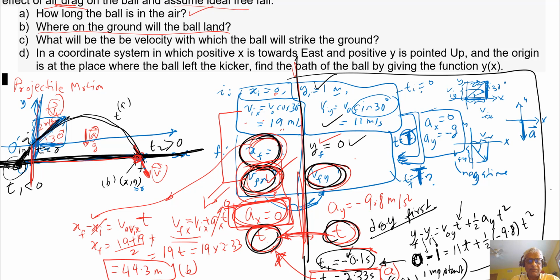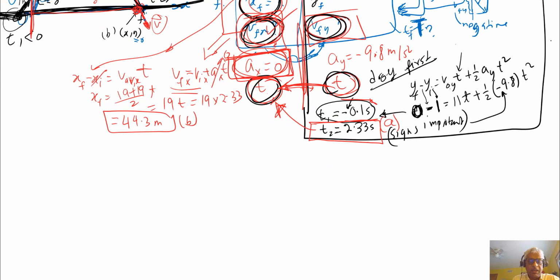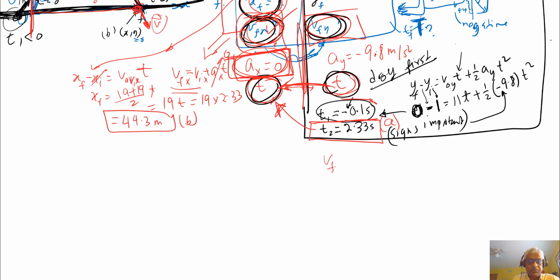That's the angle theta I want, and that's the speed I want. Then vf will be the square root of 19 squared plus minus 11.9 squared. That's overkill, because when it's squared it becomes positive. That turns out to be 22.4 meters per second.